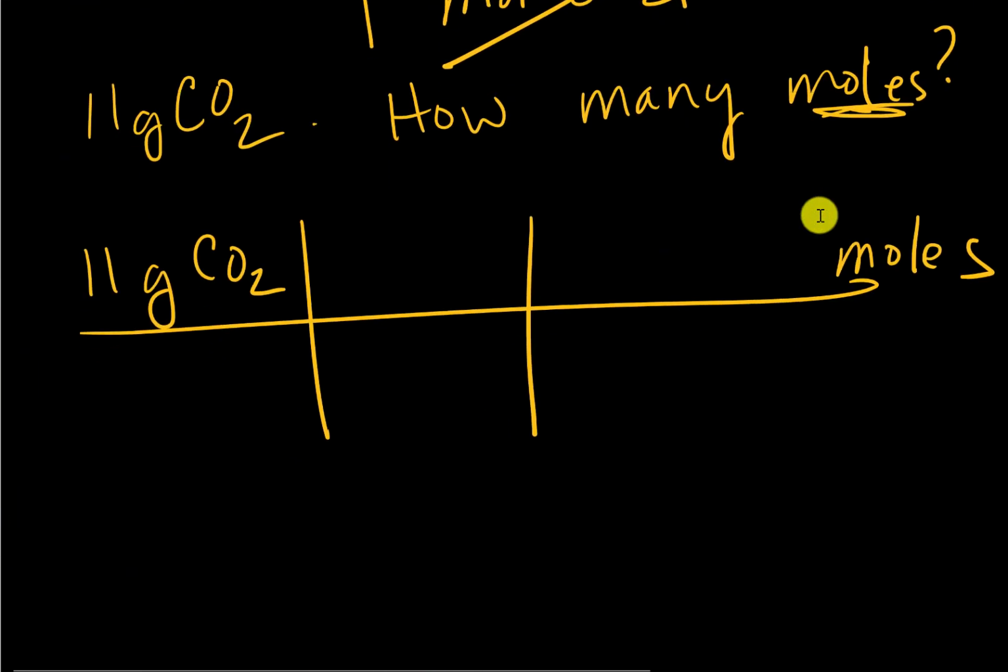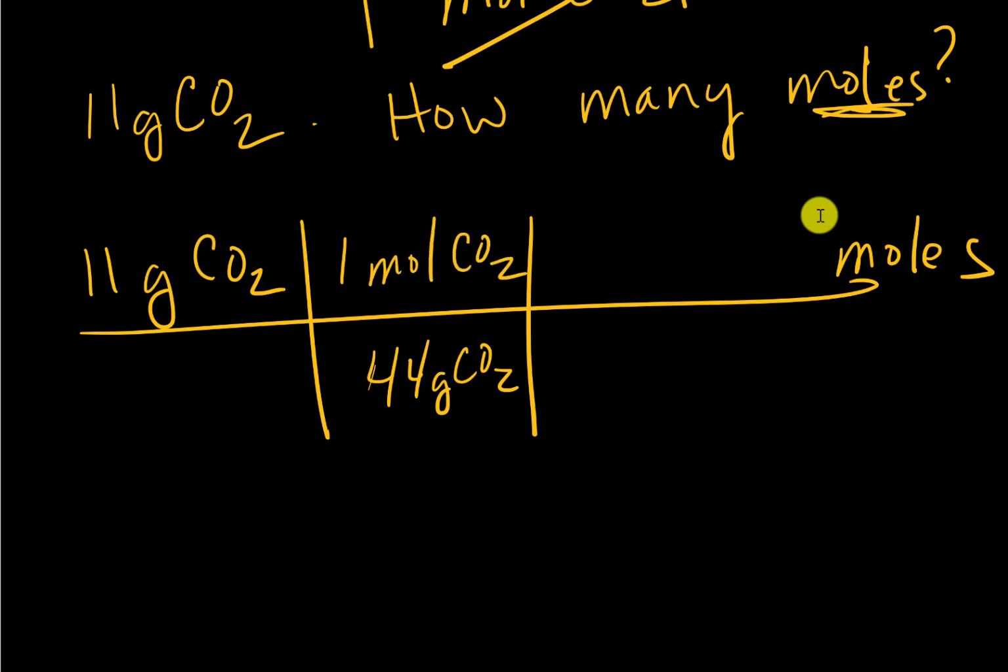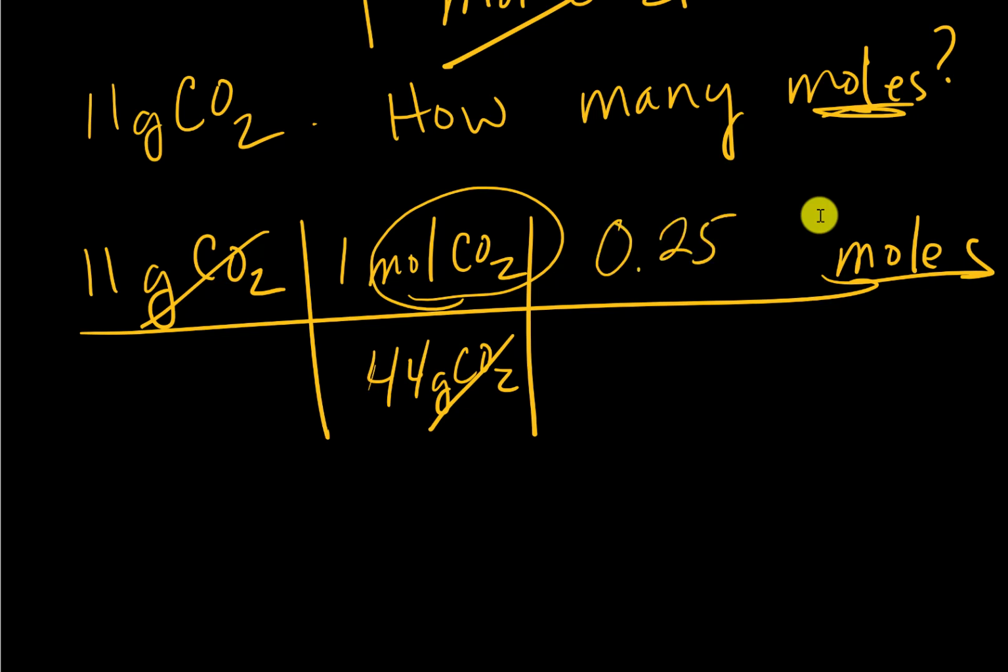So we go back down here and we say 44 grams CO2 on the bottom per 1 mole of CO2 on the top. We can cancel out grams of CO2, and we're left with moles of CO2, which is exactly what we want. And so now all we need to do is take 11 divided by 44. If you put that into your calculator, you'll see that 11 divided by 44 comes out to be 0.25 moles.